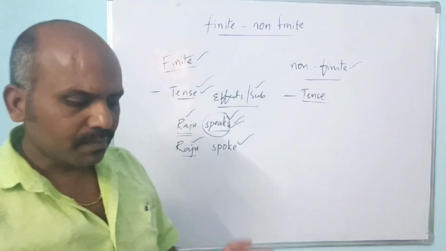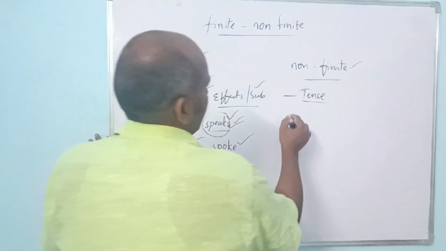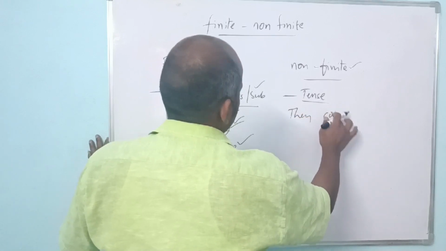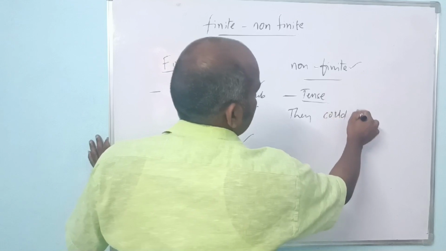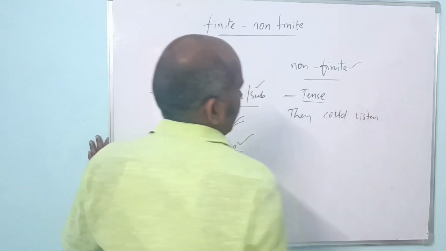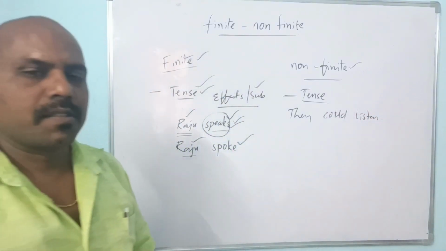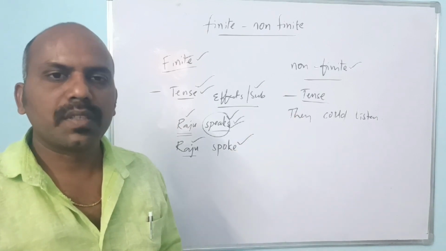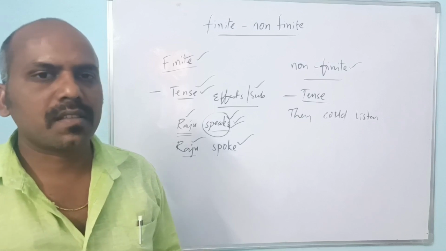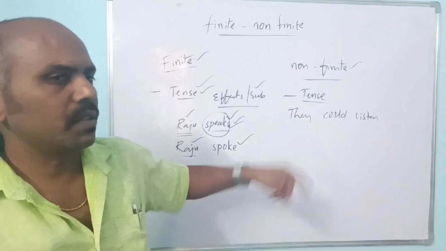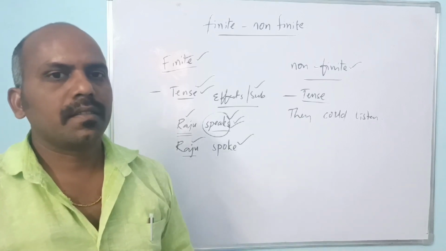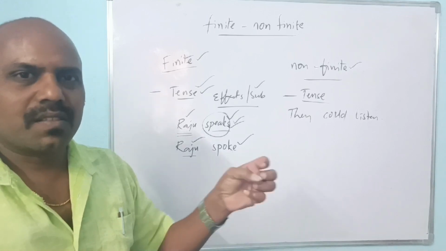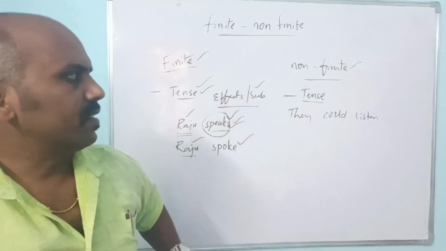Suppose, they could listen. It is not in a tense. We don't find could in any tense: simple present, past or future. We don't find could, might, may, should and would in any tense.